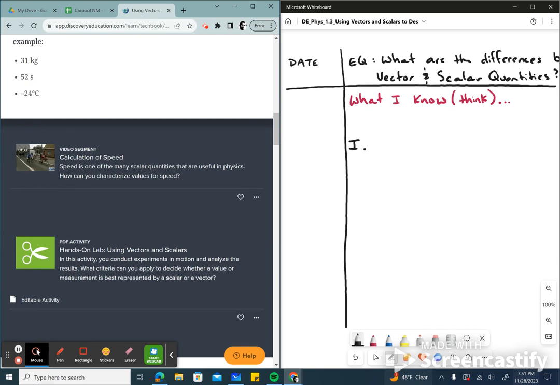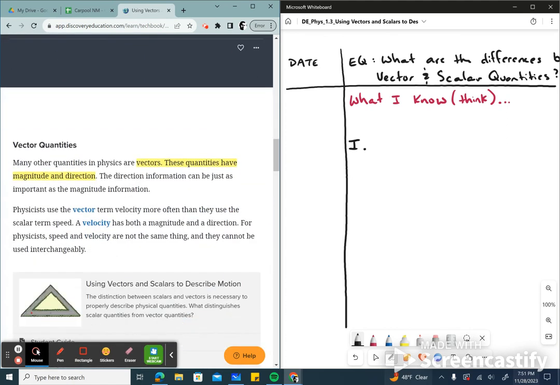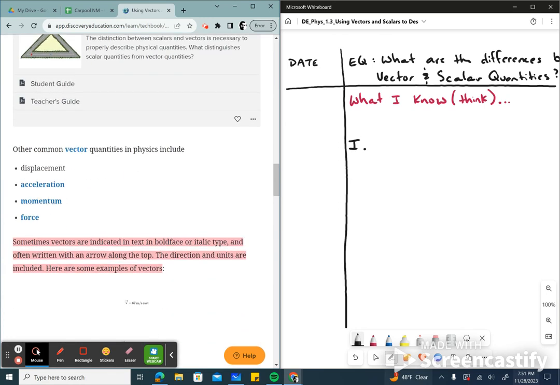They've got a video segment, calculation of speed, which might be worth noting, and it looks like they'll provide some formulas. Then they're going to talk about vector quantities. They'll define that, there'll be vocabulary words associated with that, and they'll provide some examples.